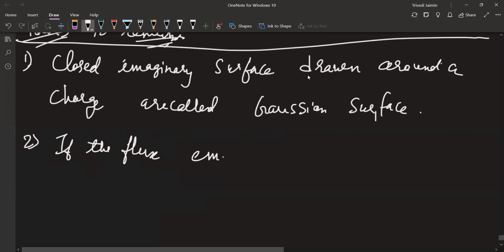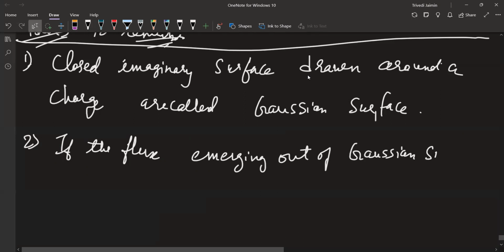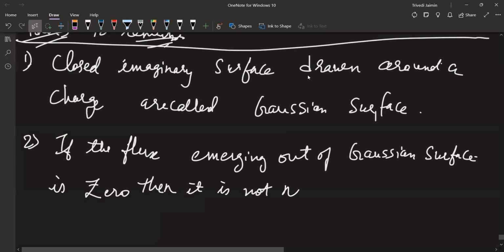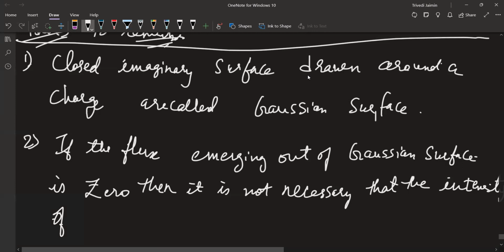If flux emerging out of Gaussian surface is 0, then it is not necessary that the intensity of electric field is 0.